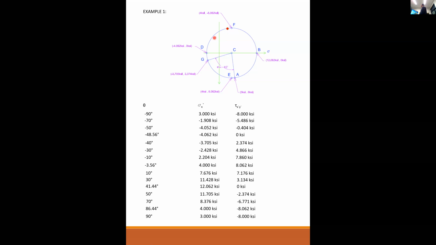But the circle is not centered on this line. So this point does not have the same values as this point. It's diagonal. Okay, that makes sense. Right, it's not tangent to the curve. Yeah, it's not symmetrical. Okay, that makes sense. Any other questions?